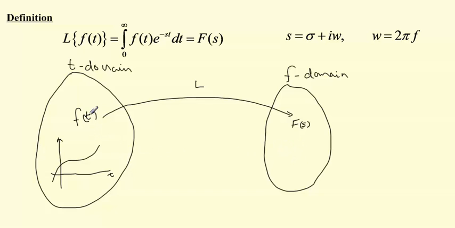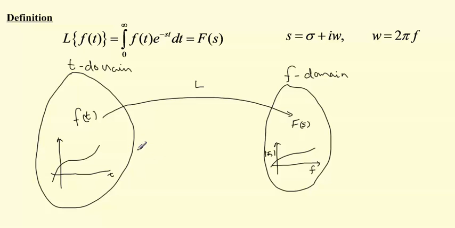We transform this function into a frequency function. Then our horizontal axis is going to be a frequency axis, and here we're going to look at the amplitude of F of s. So the plot you're going to get will show how the amplitude of the function varies with frequency.